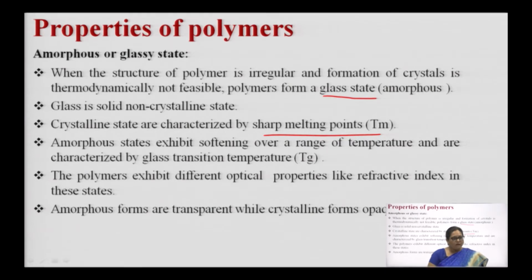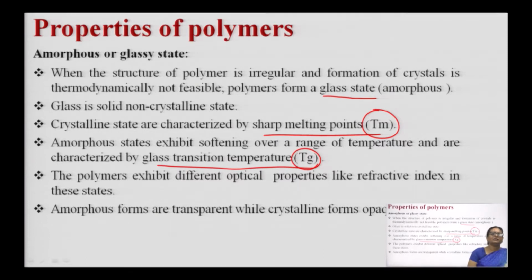However, in the case of amorphous forms, there is no sharp melting point. Rather, these amorphous forms exhibit softening over a range of temperature, and they are characterized by what is called the glass transition temperature, or Tg, which is an important characteristic. So, crystalline forms are characterized by their melting points, but amorphous forms are characterized by their glass transition temperature, that is, the temperature at which the polymer transits from a glassy state to a rubbery or soft state.